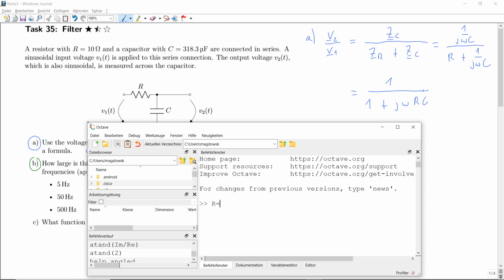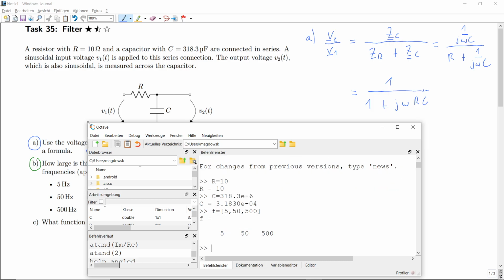So at first we need the value of the resistance, which is 10 ohm. And then we need the value of the capacitance, which is 318.3 micro, and micro is 10 to the power of minus 6, so E minus 6. And then we have 3 frequencies given, and I will directly write them as some vector, some array. So we have 5 Hertz, 50 Hertz, and 500 Hertz.